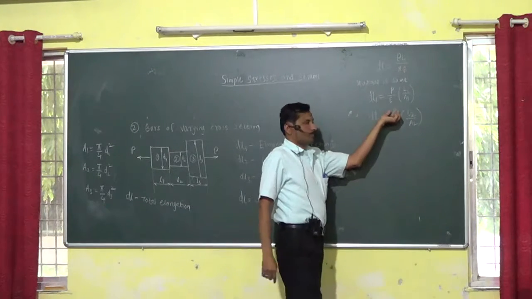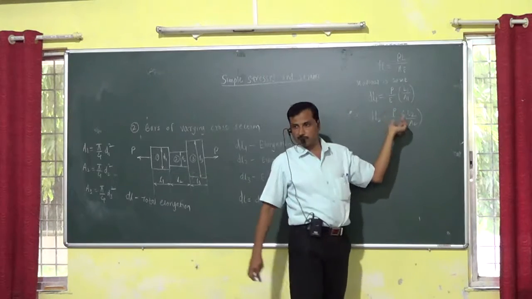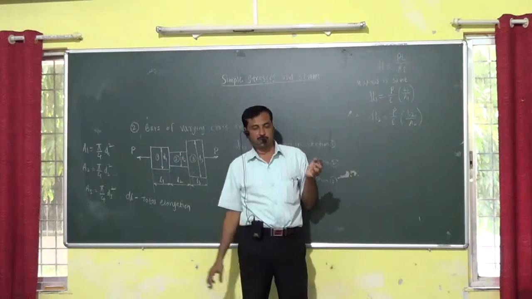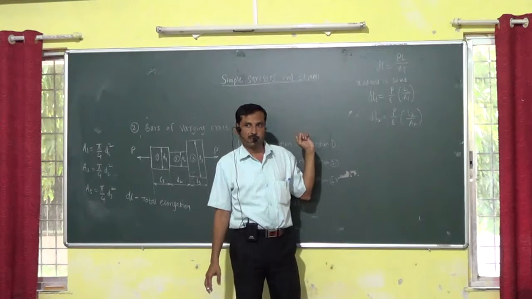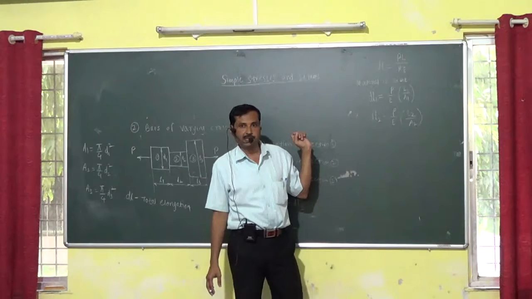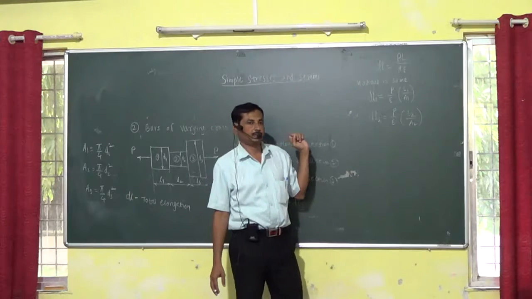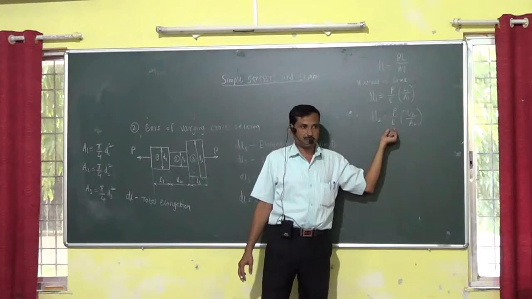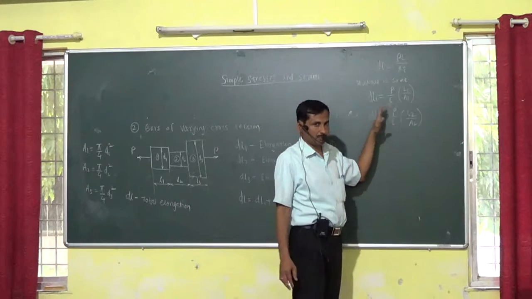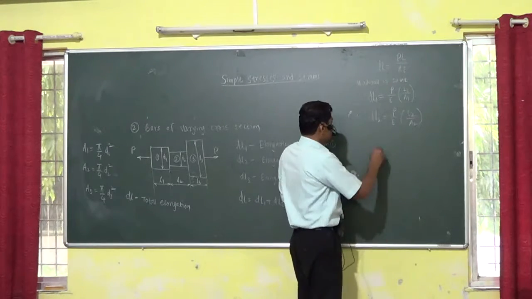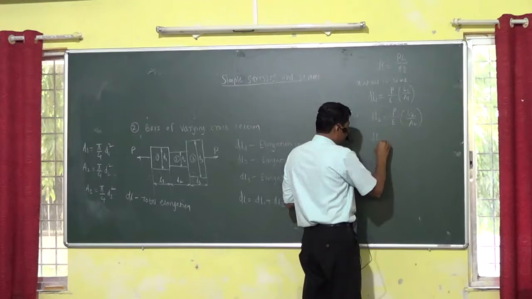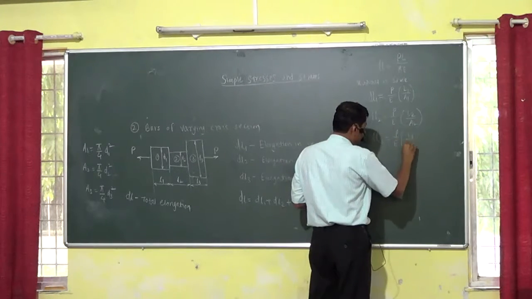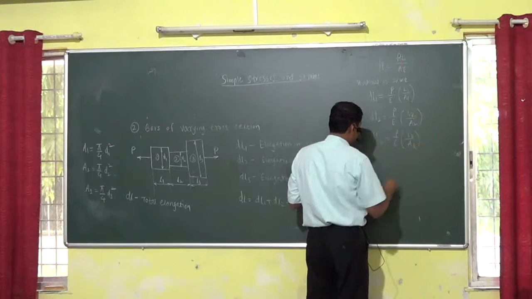We are considering P applicable to all sections, a tensile force acting on all of them, and as the material is the same, Young's modulus E is the common factor we have taken out. DL3 is equal to P upon E into bracket L3 upon A3.